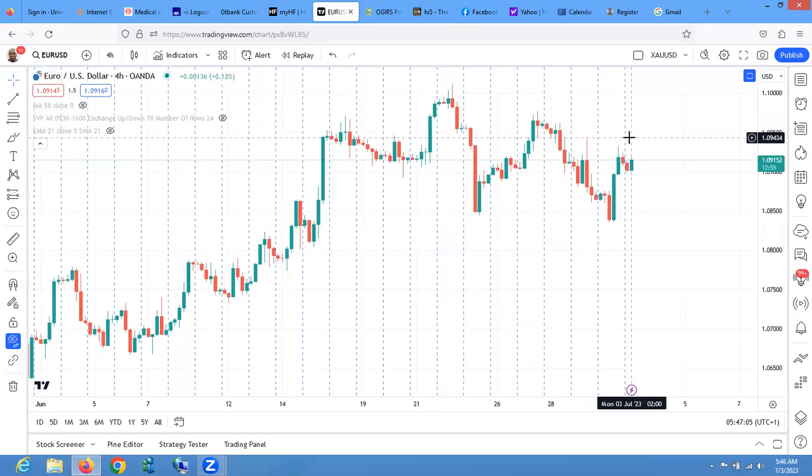But at the same time, any wave that we see that is going up, we should always start to treat as ABC until it breaks 123, 127 to the upside before we know that this is a motive wave that is running above 127.